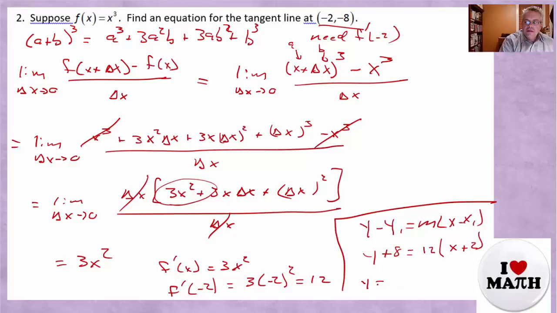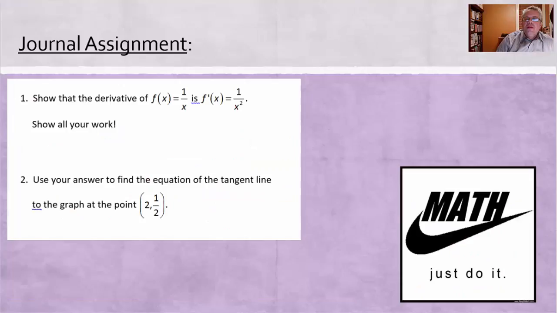And if you simplify, you get y equals 12x plus 24 minus 8, which is plus 16. Bam! So if we graph y equals x cubed and this line, we would find that it was tangent at -2. Okay, you guys have actually been really good at this. This is really cool algebra.